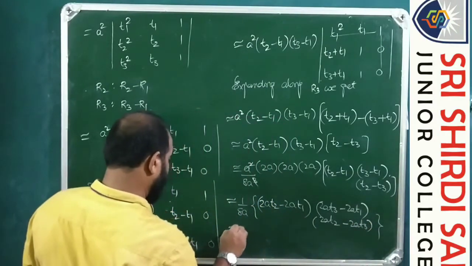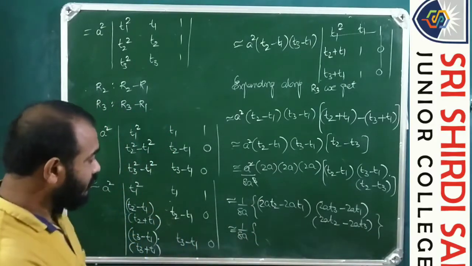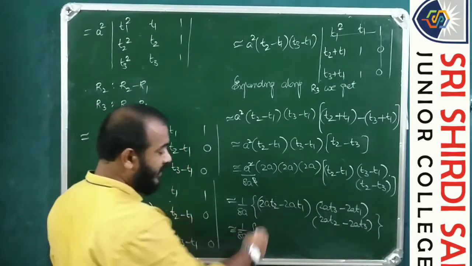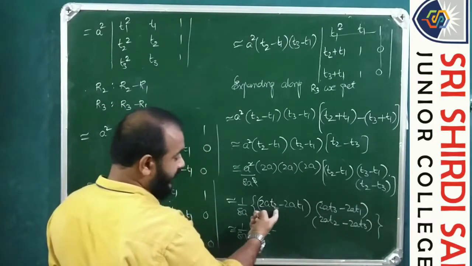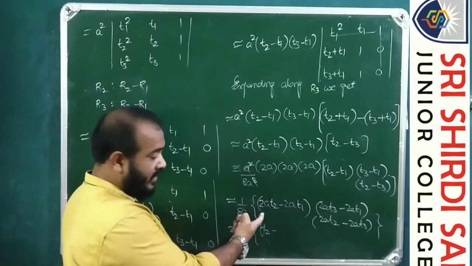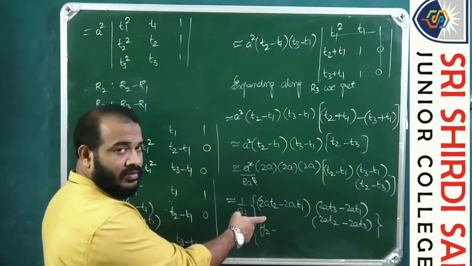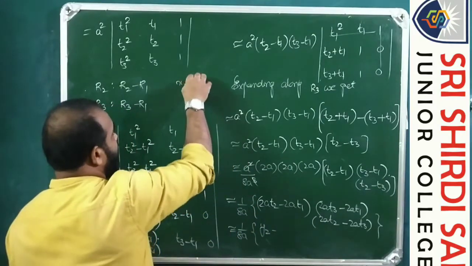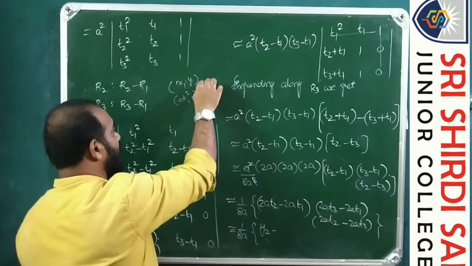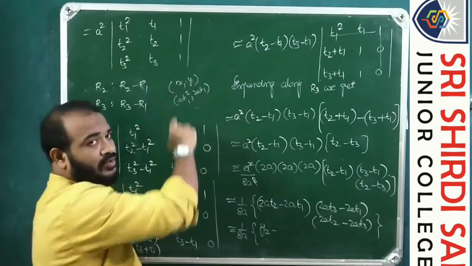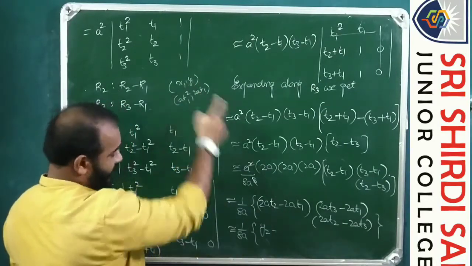This is equal to 1 by 8A into, this is 2A T2 is y2. So y2 minus y1. 2A T2 is the y coordinate. So x1, y1 is the Cartesian coordinate, while A T1 square comma 2A T1 is the parametric point of the same Cartesian coordinate. Therefore 2A T1 is y1.